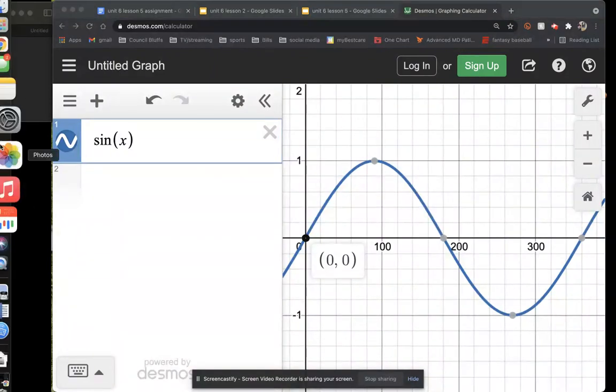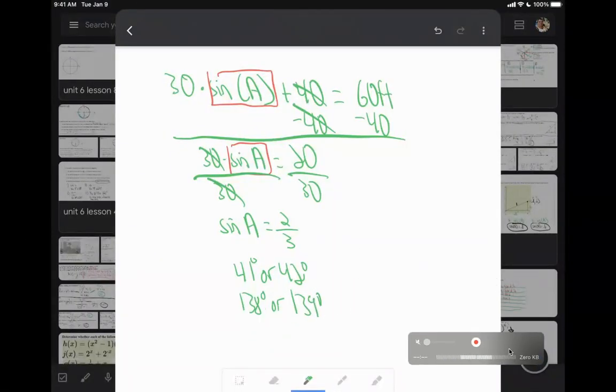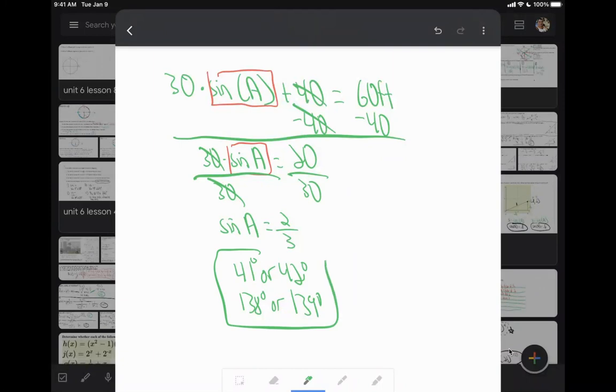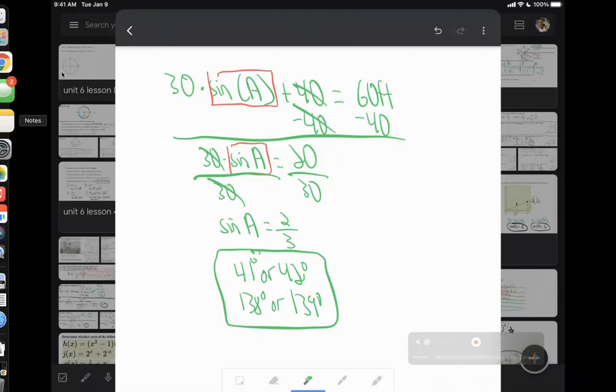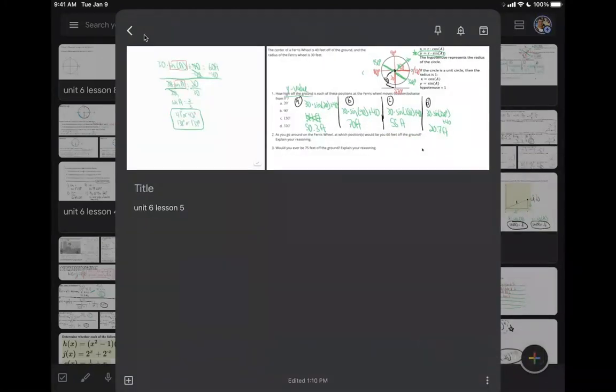So to answer the question, at what points will the Ferris wheel be 60 feet off the ground? It's going to be at these 2 points, at the 41, 42 degree mark and the 138, 139 degree mark. Okay, so that is number 2.